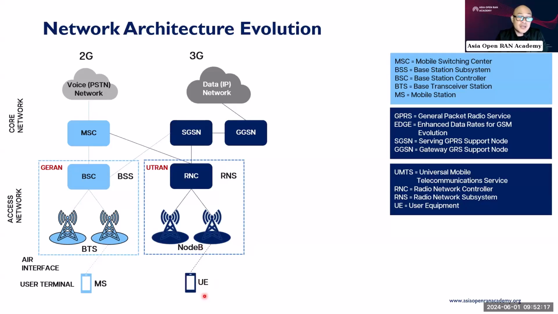So you needed to buy a new phone to enjoy the service of 3G that time. UMTS means Universal Mobile Telecommunication Service, and RNC is Radio Network Controller. RNS is the entire system of RNC and Node B, so we call it the Radio Network Subsystem, and U is the user equipment.